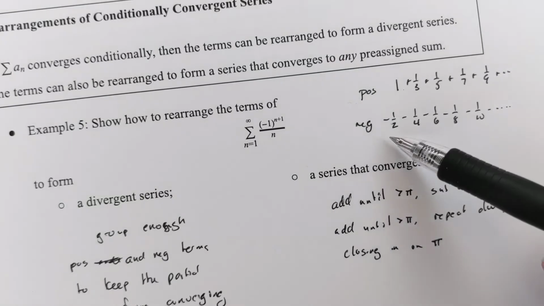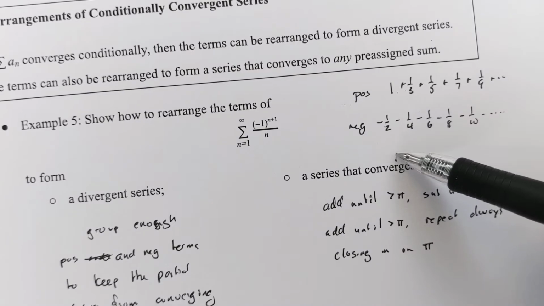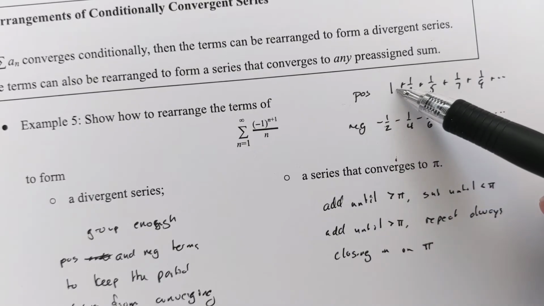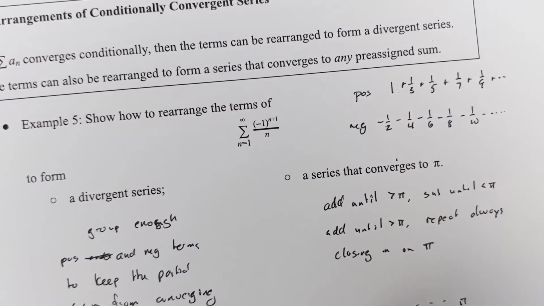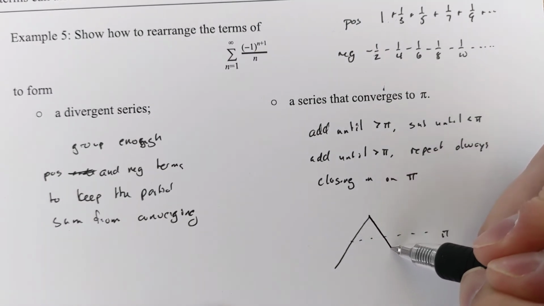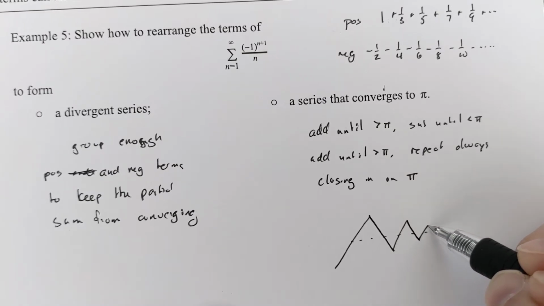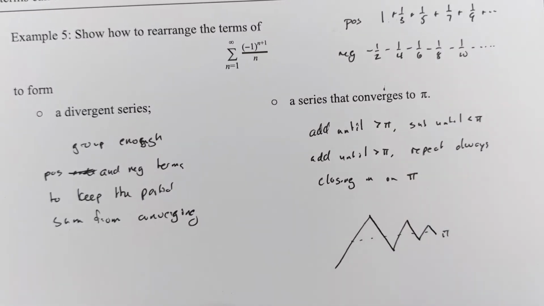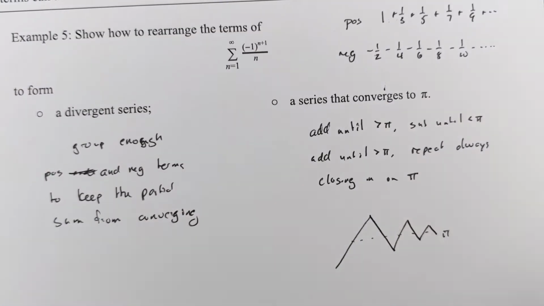We'll start by overshooting pi, then add some negatives until we drop below it, and then add some positives until we come back above it, but not as far above as the original one was. So if you think about pi being here, we add terms until we go above, then put some negatives on until we come below, positives till we come up, but we don't go up as far. As long as we keep repeating this pattern, it'll converge to pi. Once we've gone over, we never go over as much again. So our sums wobble back and forth, but approach pi.